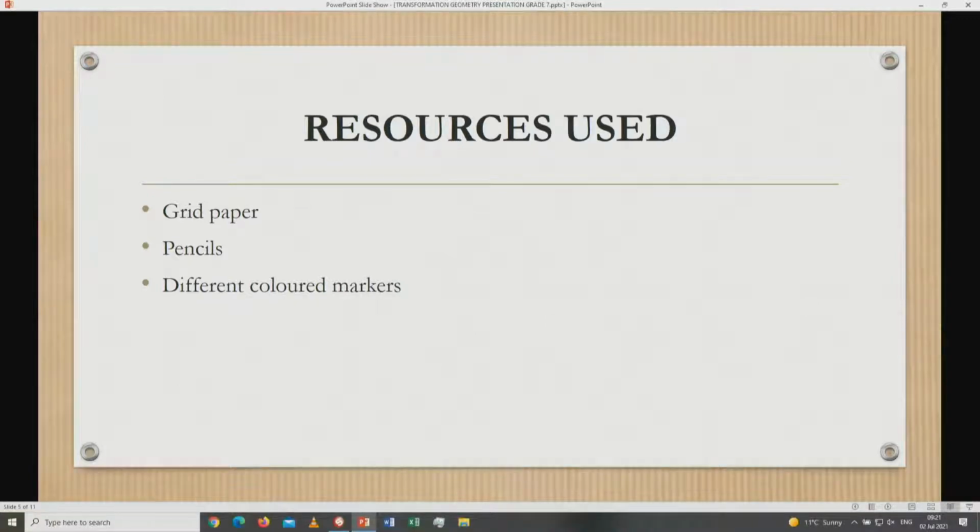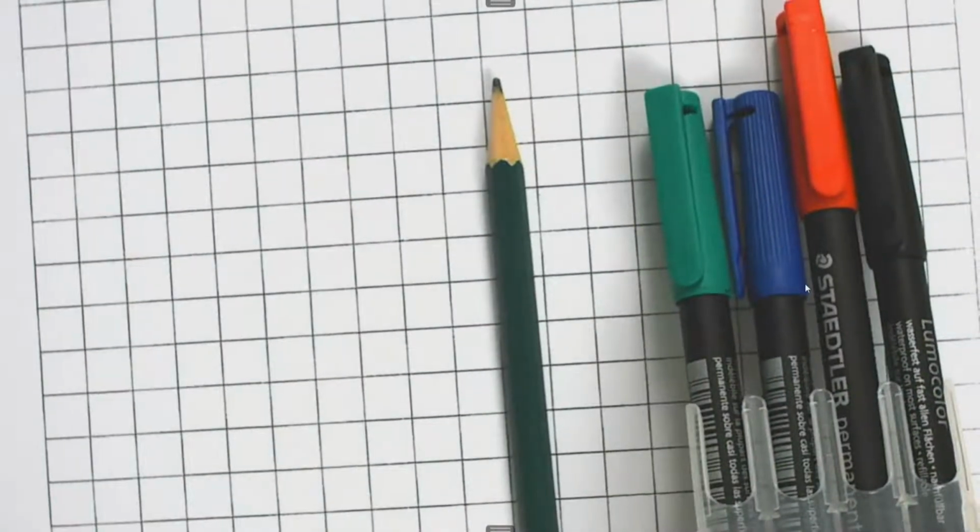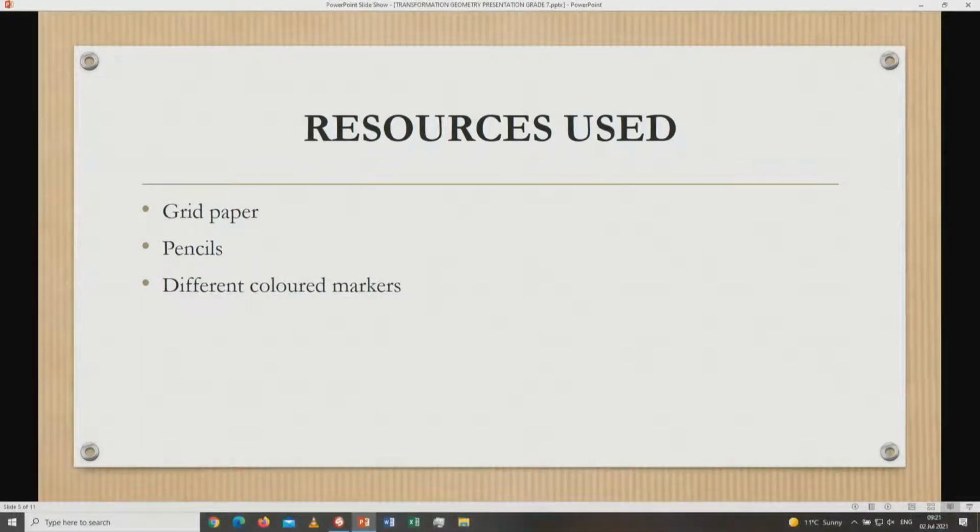And then we'll be using different colored markers. So you may also have those resources yourself.